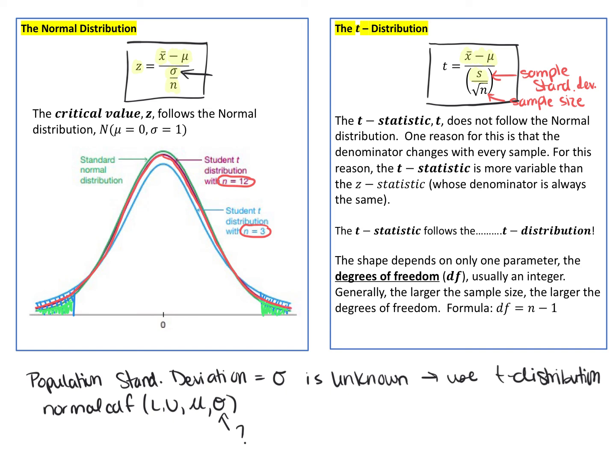I hope that you can see that the tail starts to get thinner and thinner. So if you compare the red shaded region now to that blue shaded region, the red shaded region is a little bit smaller than the blue shaded region. And in fact, it starts to get closer and closer to the green shaded region.